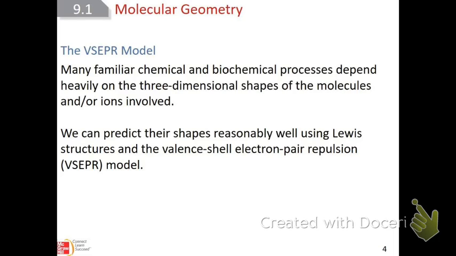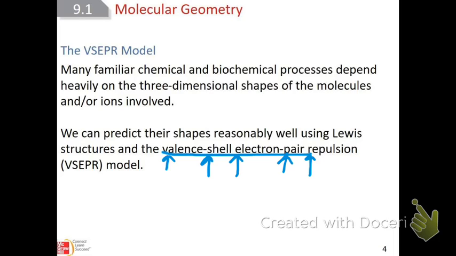Because keep in mind, please, that electrons are negatively charged, so they really do not like each other. They're going to pull apart, repel each other in a molecule.